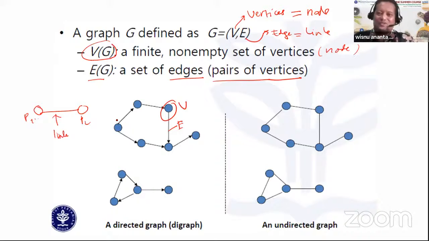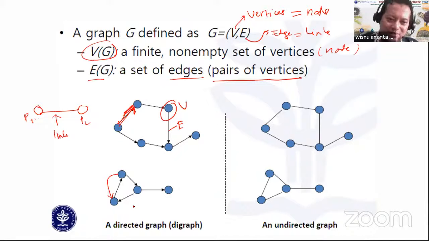So if we would like to represent the street with a graph, the graph is like this. If there is a direction here, otherwise it has no meaning.